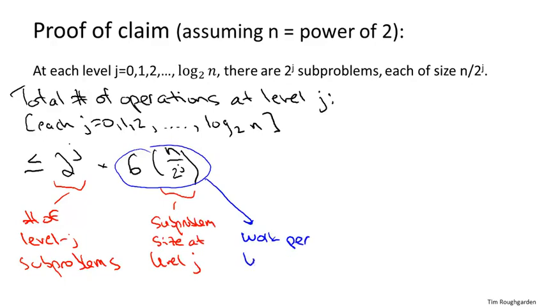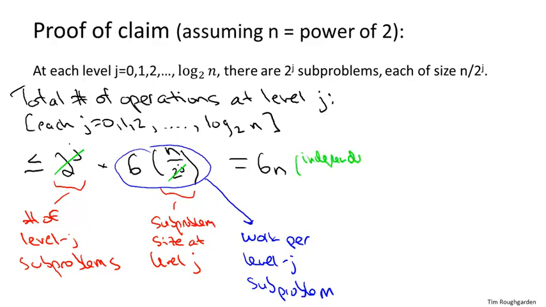So to compute the total amount of work done at level j, we just multiply the number of problems times the work done per subproblem, and then something sort of remarkable happens. We get this cancellation of the 2 to the j's, and we get an upper bound, 6n, which is independent of the level j. So we do at most 6n operations at the root, at most 6n operations at level 1, at level 2, and so on. It's independent of the level.